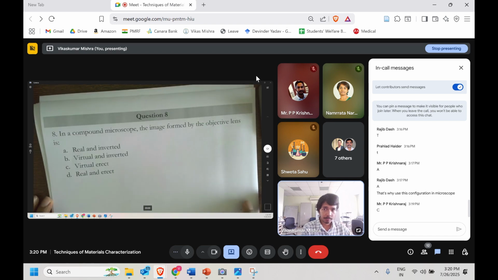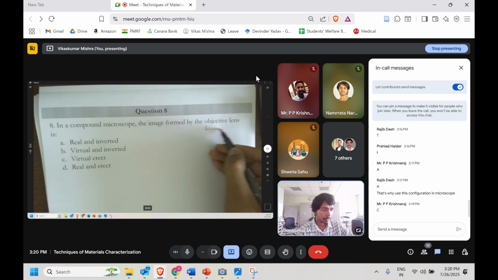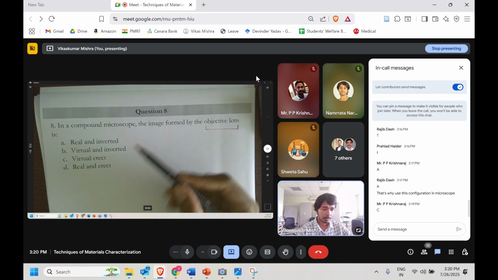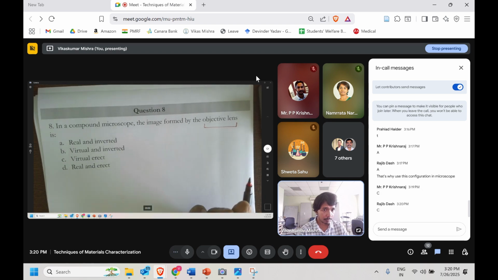Now, we have already discussed this in question number 6, but let's try to answer it again. In a compound microscope, the image formed by the objective lens is, so we are talking about the objective lens, A, B, C, or D. The right answer is the same as what we answered in the 6th question.